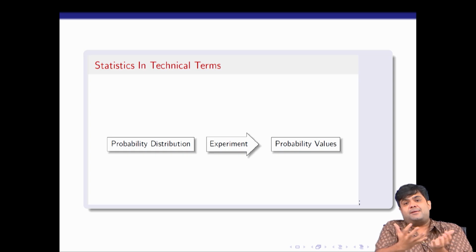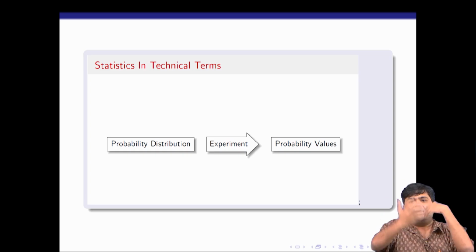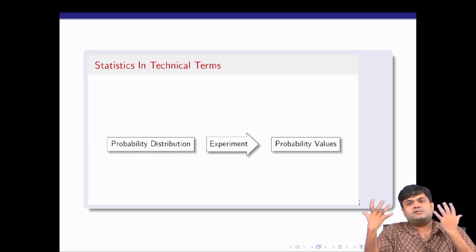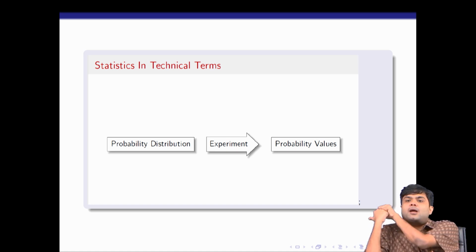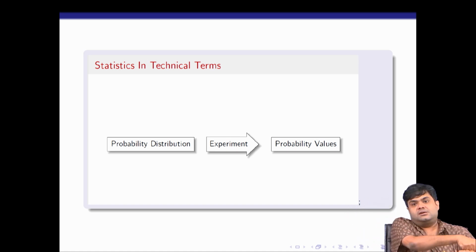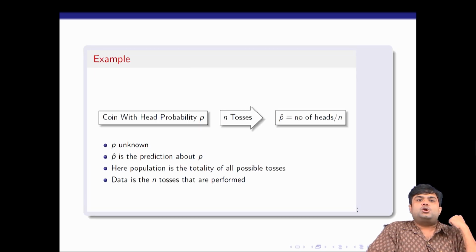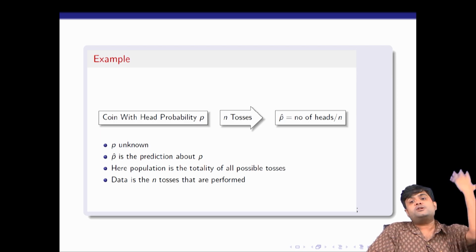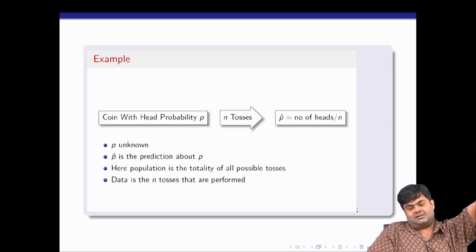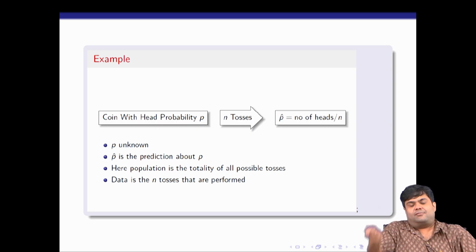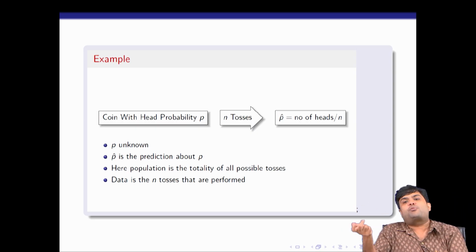You are doing some experiment, that is drawing data and doing some analysis on that data, coming up with probability values. Take the example we discussed: you have a coin with head probability P, which is unknown. The population is all possible tosses, but whatever the head probability may be, for a particular toss it can be head or tail.